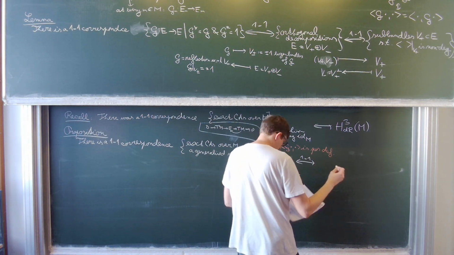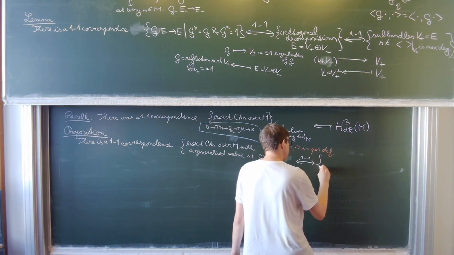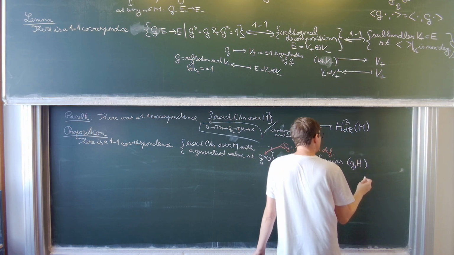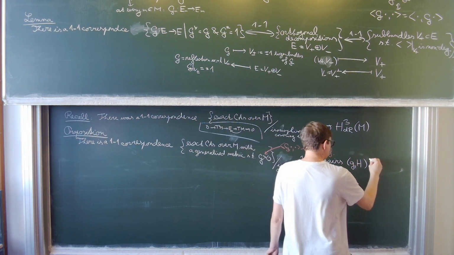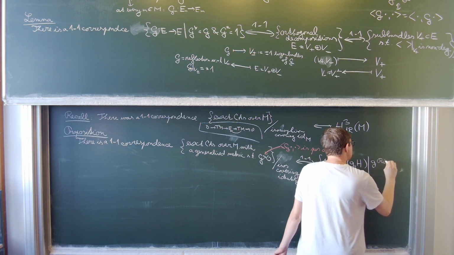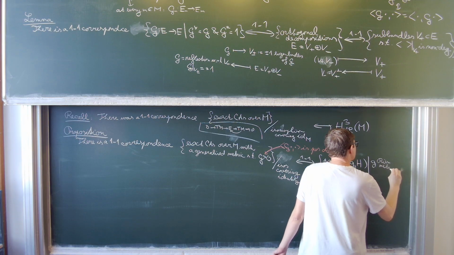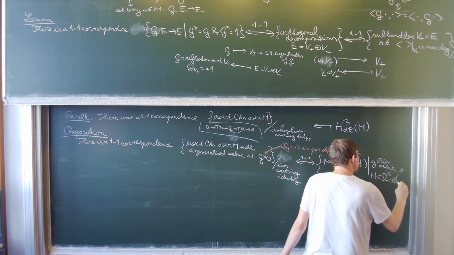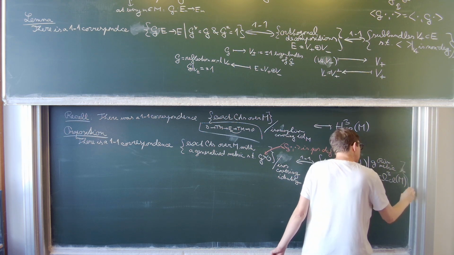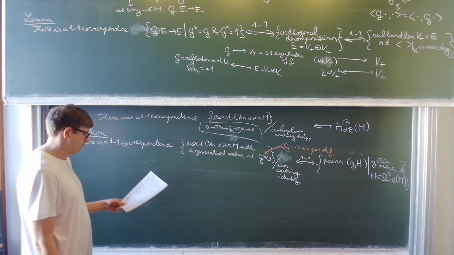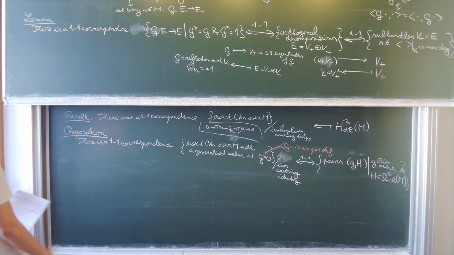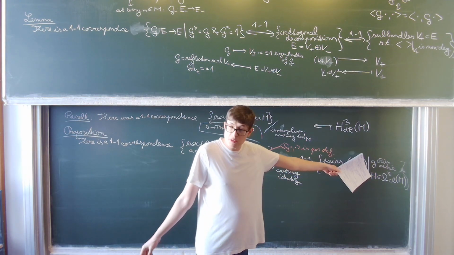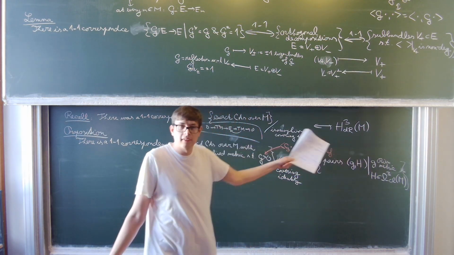And this is one-to-one with pairs G, H, where G is a Riemannian metric and H is a particular closed 3-form. Okay, so the difference is that here we have a cohomology class, here we have a specific representative and a specific Riemannian metric.